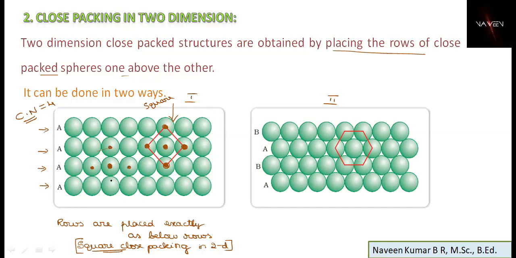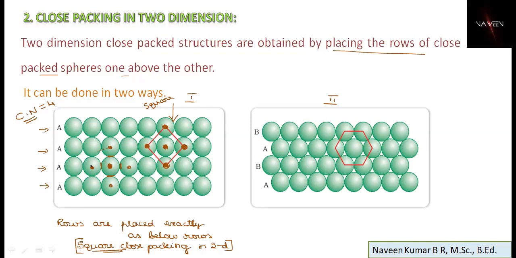Now this particle is in contact with four of its neighbors. You can observe here, this is one contact point for the sphere, and this is one more contact point, and this is one more contact point. This indicates that the sphere here is in contact with four of its neighboring particles.